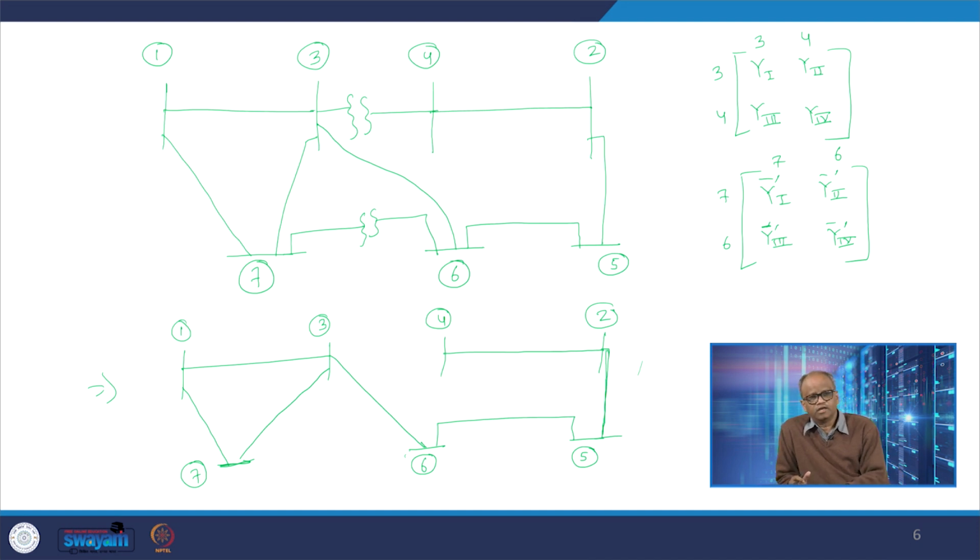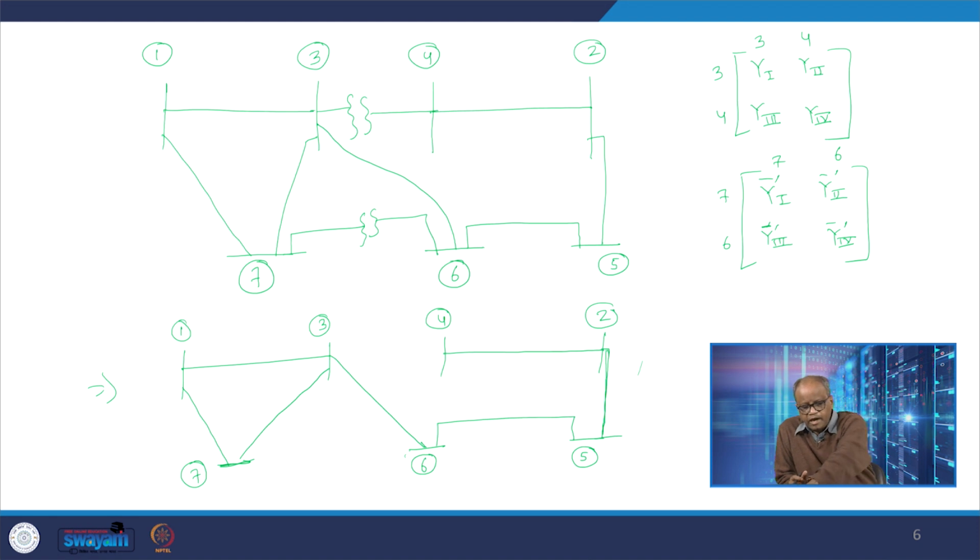Once we have done that, this Y1 matrix would be added corresponding to the 3, 3 element. Y2 would be added at element 3, 4 of the Y bus matrix of this disjoint network. Y3 would be added at the element 4, 3, and Y4 at the element 4, 4.